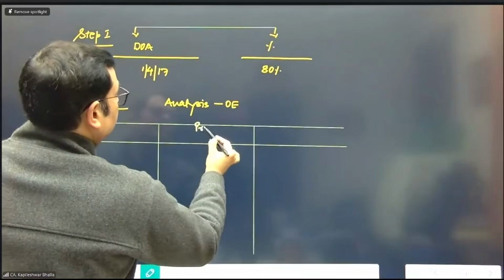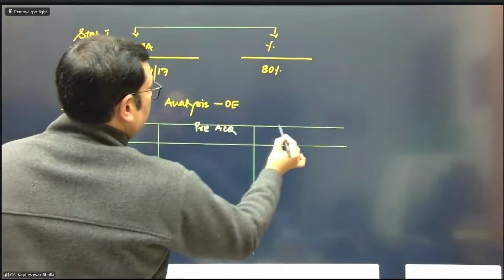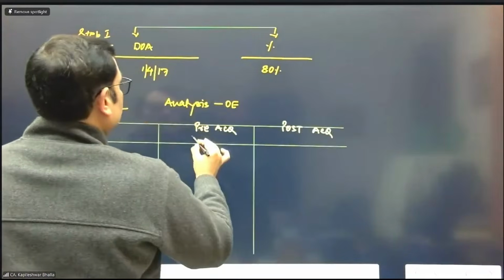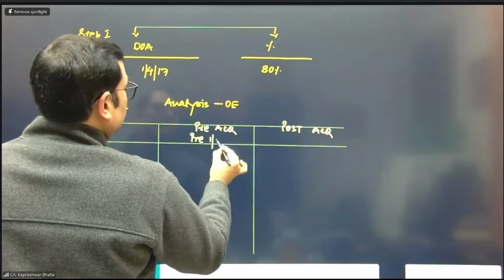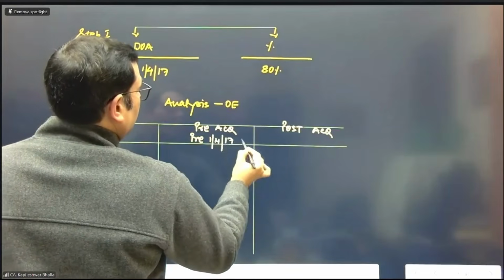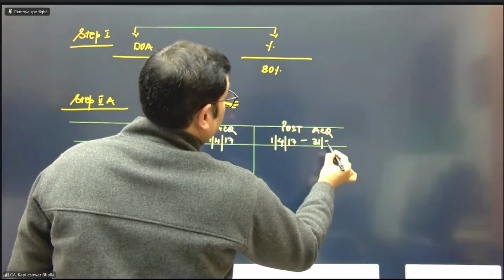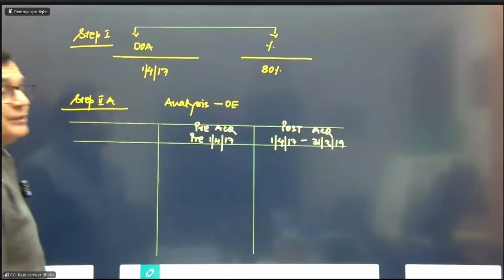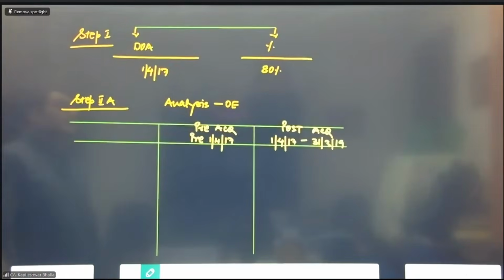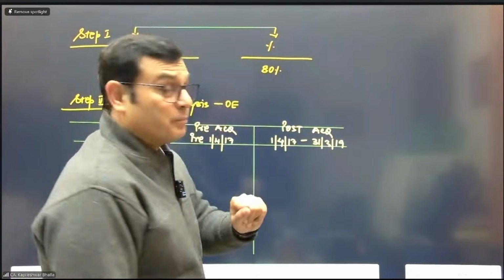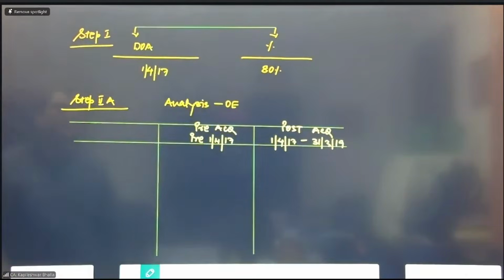So this is pre-acquisition and this is post-acquisition. This is pre-1st April 17 and anything from 1st April 17 till March 19, that is the post-acquisition period. So in this case, you can see the post-acquisition is comprising of 2 years now.